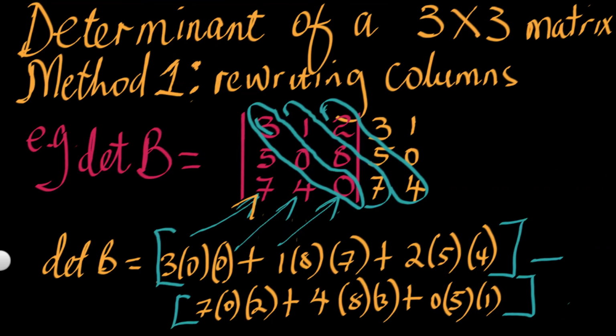You get that sum, you put it together, which in a good calculator you can just punch it all at once. But I'm going to do it slowly. So this is 0 plus 54 plus 40. That's what you have in the first bracket.